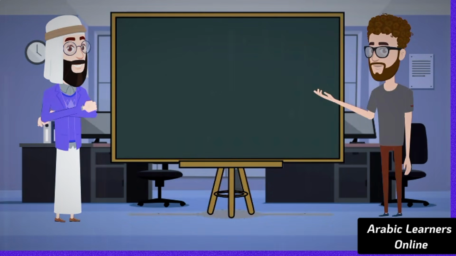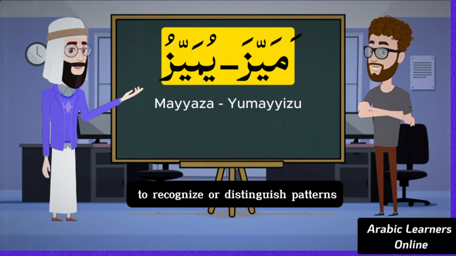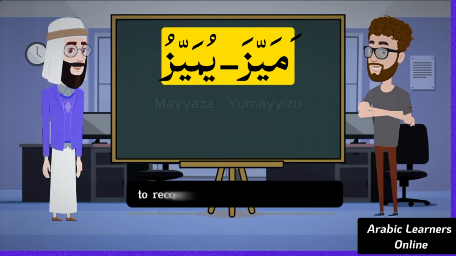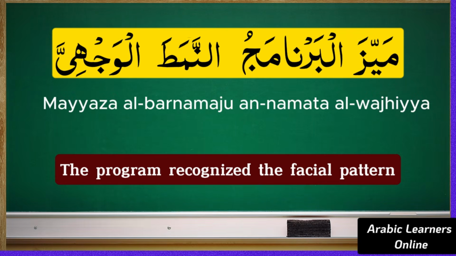Last one for AI. How about the program recognized the facial pattern? The verb here is ميز يميز, which means to recognize or distinguish patterns. Your sentence ميز البرنامج النمط الوجهي. In English, the program recognized the facial pattern.